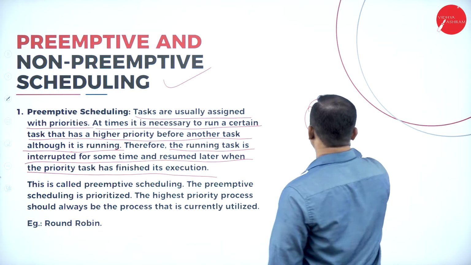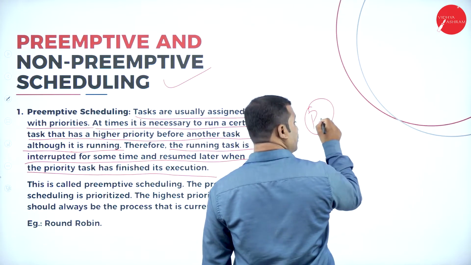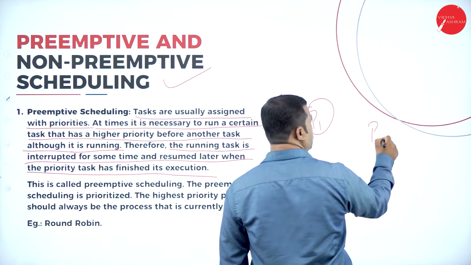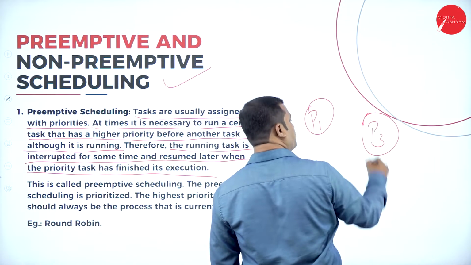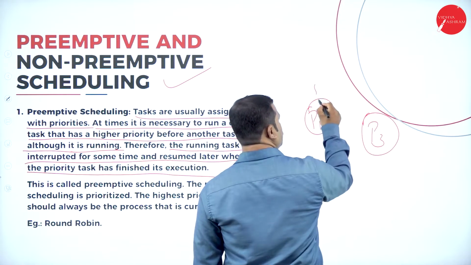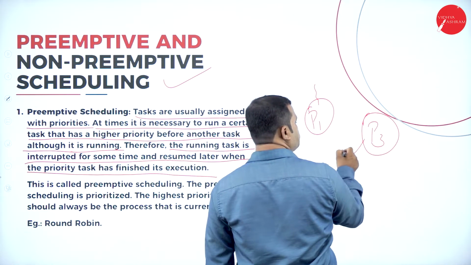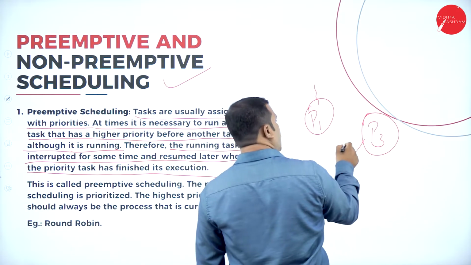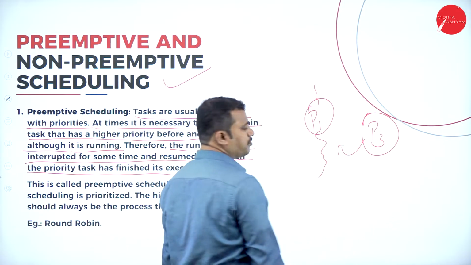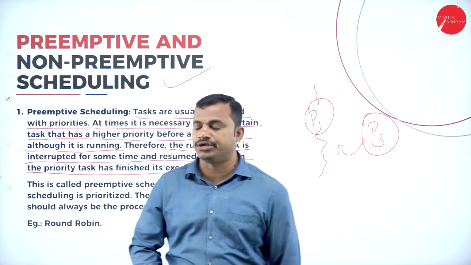That means P1 is being executed. When P1 is being executed, suppose P3 comes into the picture with higher priority, then it stops executing process P1 and allows P3 to complete its execution, and later it resumes the execution of process P1. That is called priority scheduling.